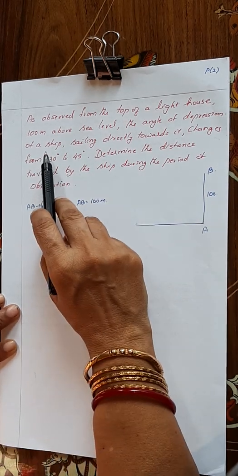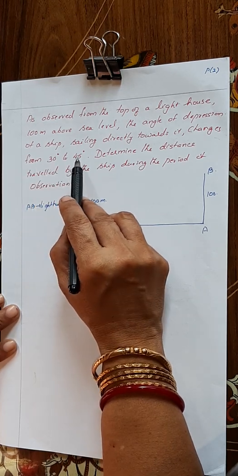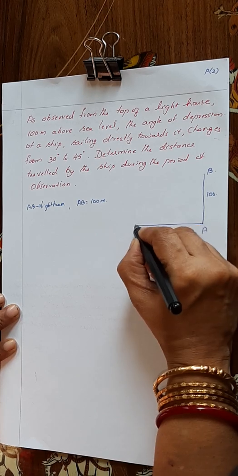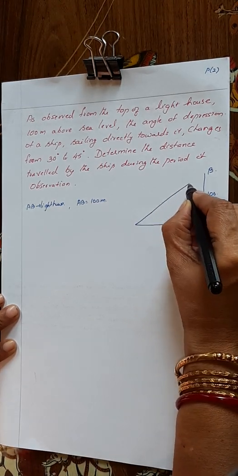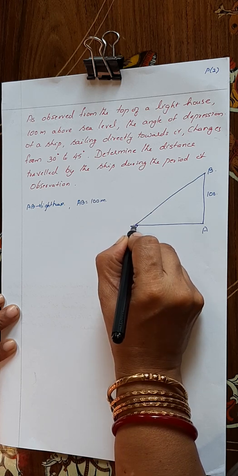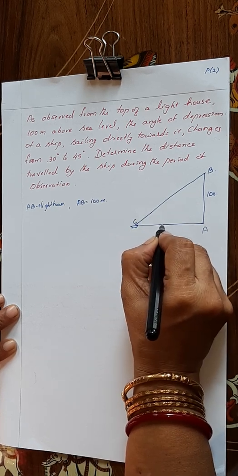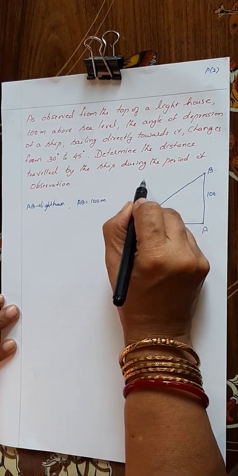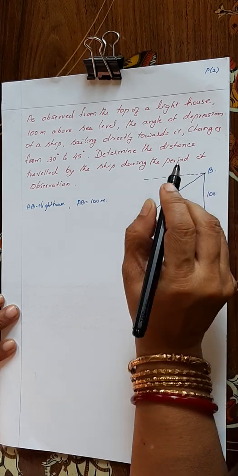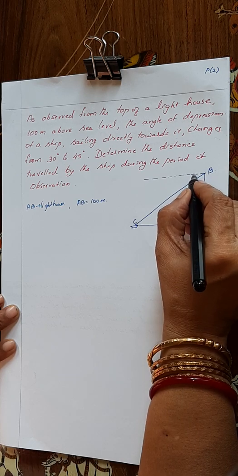Angle of depression of a ship sailing directly towards it changes from 30 to 45. That means the ship is here at C. Now it is the angle of depression, so we have to draw a line parallel to the ground. So this depression is 30 degrees.